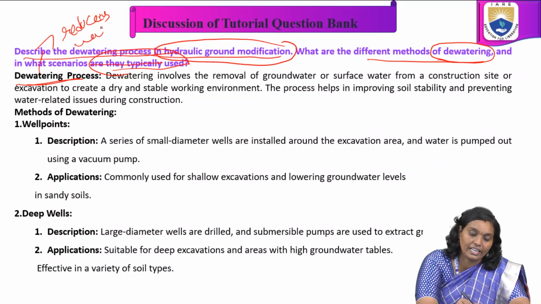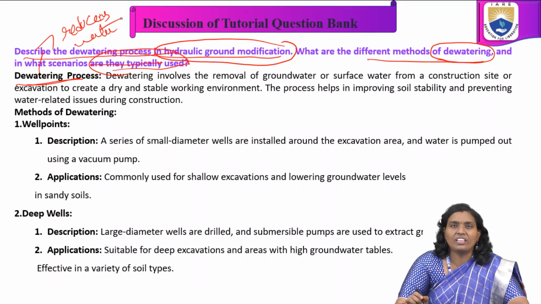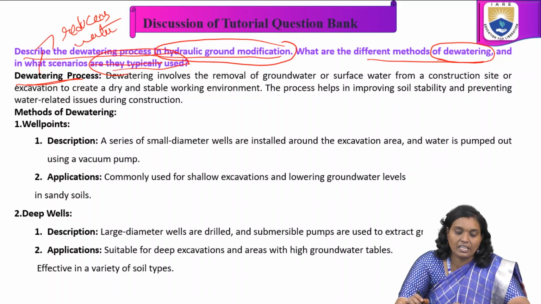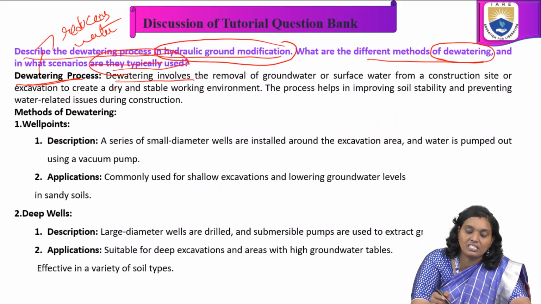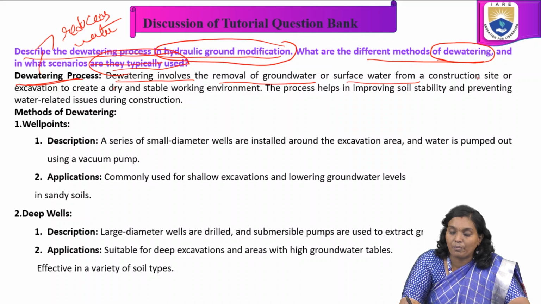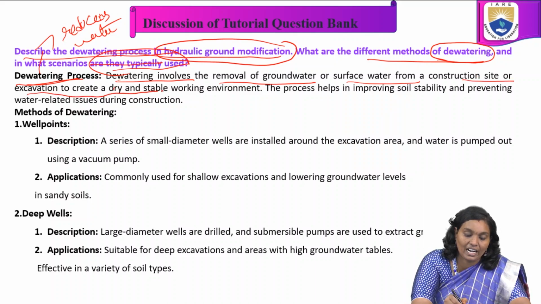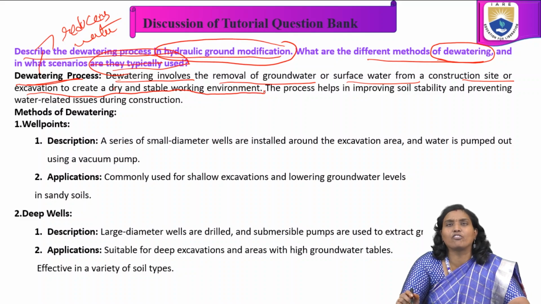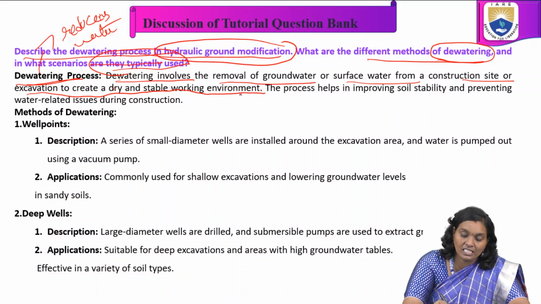Dewatering involves the removal of groundwater or surface water from the construction site or excavation to create a dry and stable working environment. For this purpose, we choose this dewatering technique.